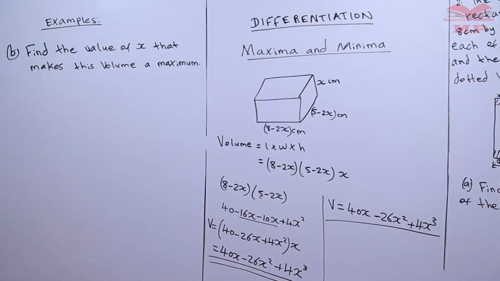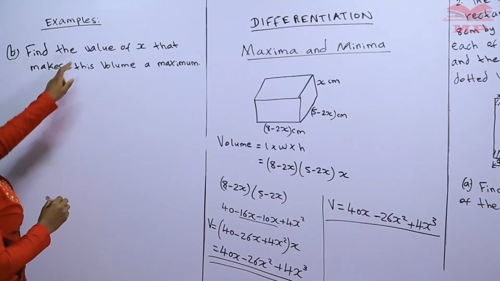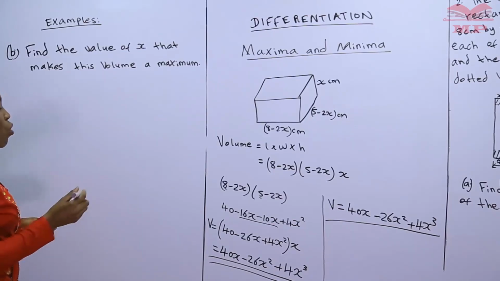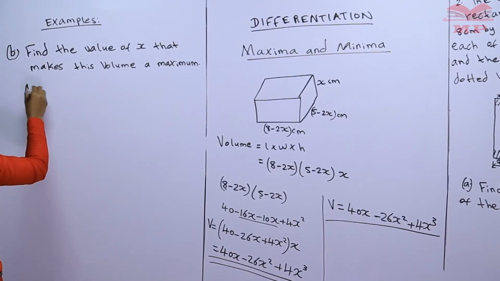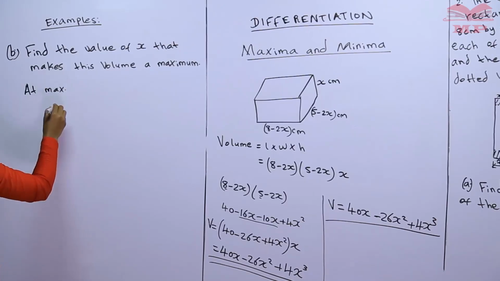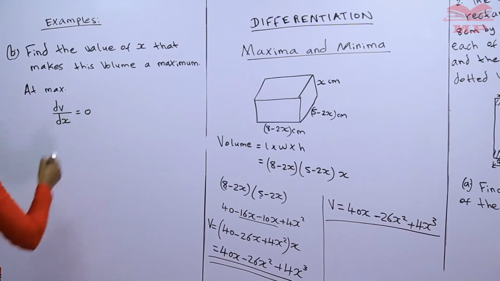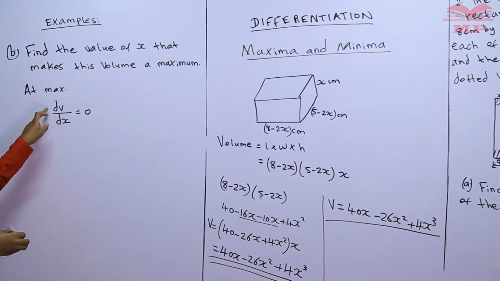Again, in this value of x that makes this volume maximum, at the maximum we know very well that dv all over dx will be equal to 0. So we want to find the value of x whereby dv dx is equal to 0.